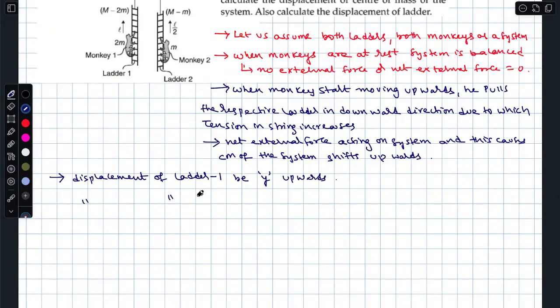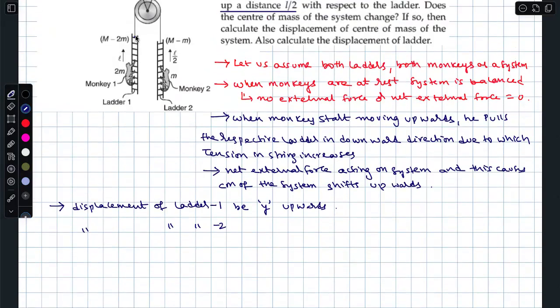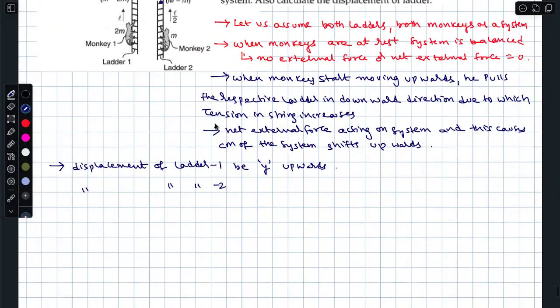Displacement of ladder 2: because they are connected by a string, if this end of the string goes upwards by Y, this end of the string should come Y downwards.